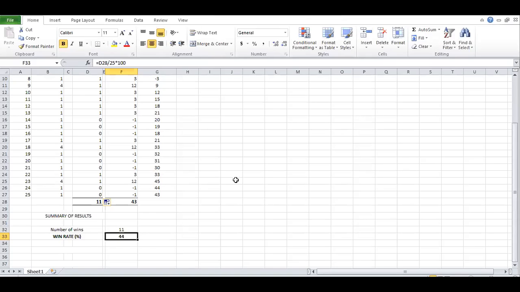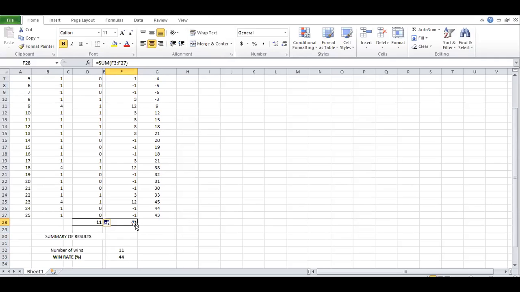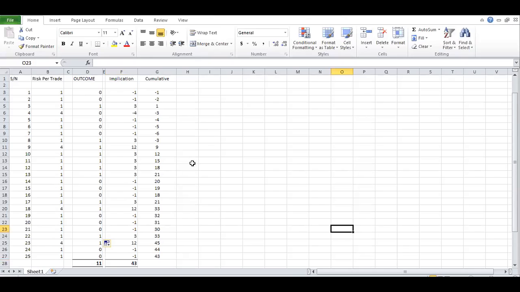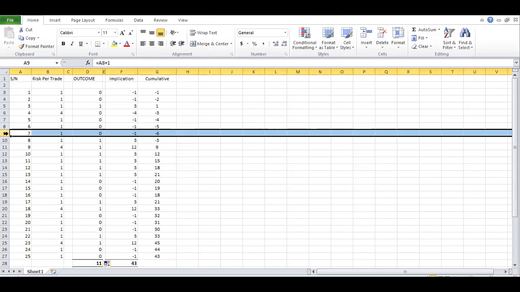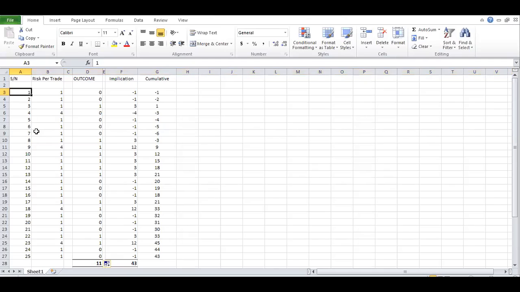However, this account grew by 43% after 25 trades. Notice also that we had winning streaks. In fact, out of the very first 7 trades, we had just one winner.